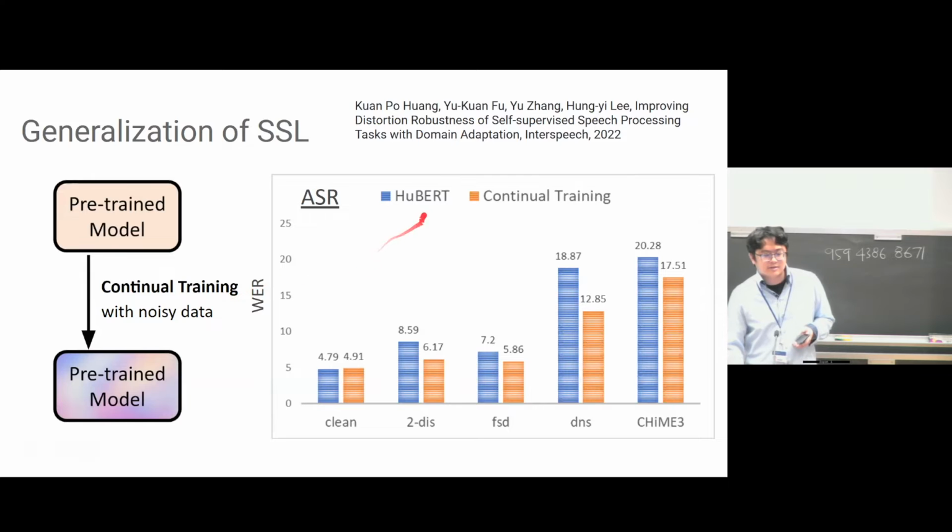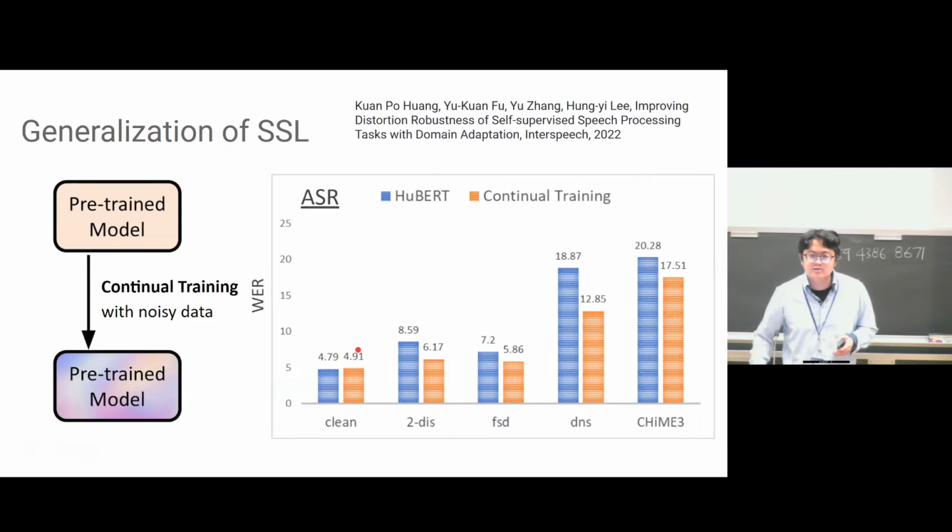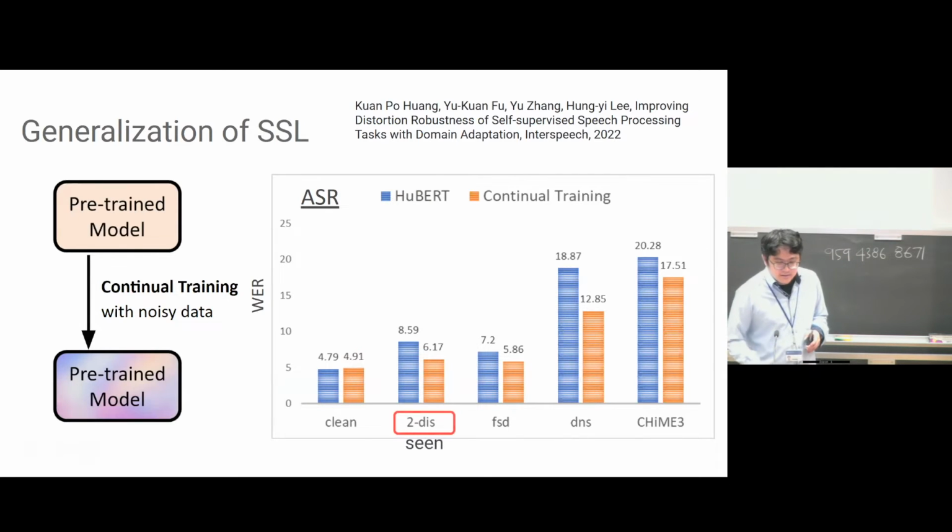And here is some result. Here is also the result on ASR. The blue bar is the result of original HuBERT, and the orange bar is the result with continual training. And here, QDIS means those distortions have been used during continual training. So it's not surprising that with this kind of distortion, with continual training, the performance is better.